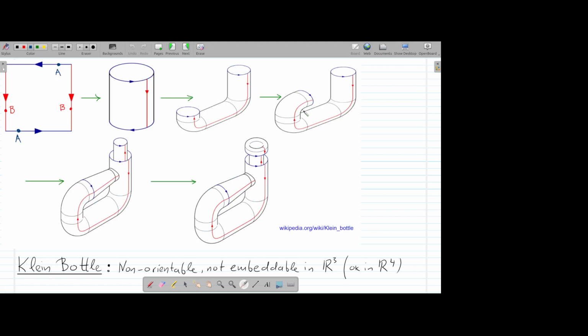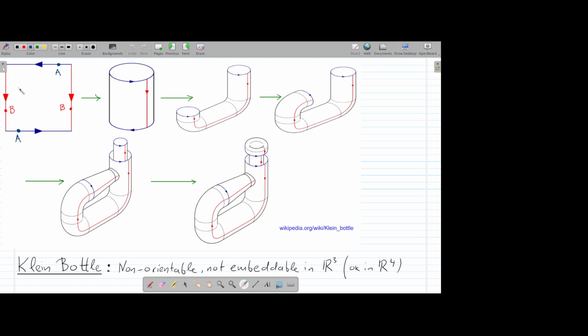So let's see how we can draw a surface in R3 that has the topology of the Klein bottle. So let's start by doing the simplest of the things, which is to identify this side with that side.